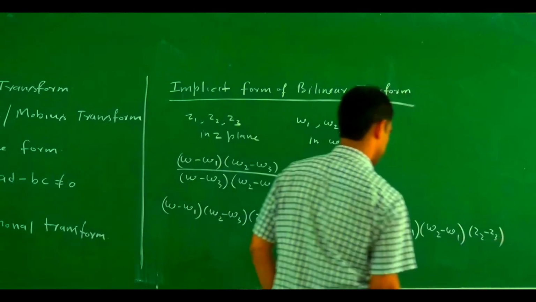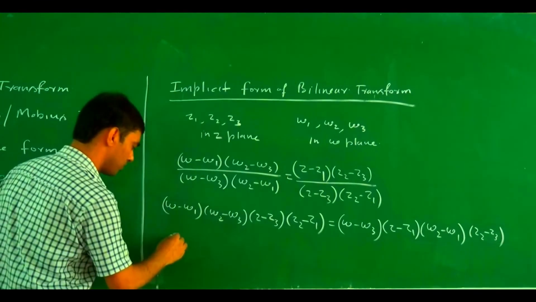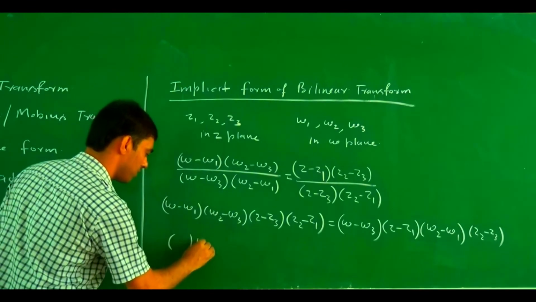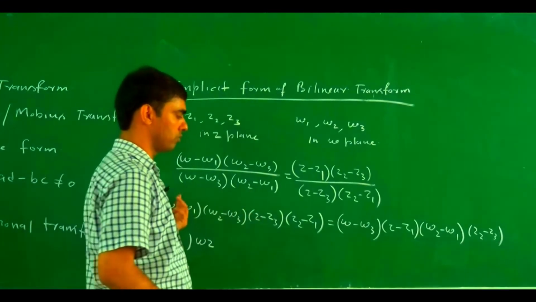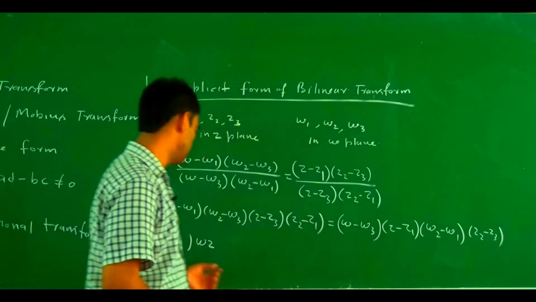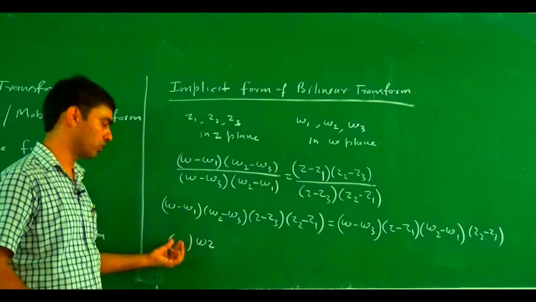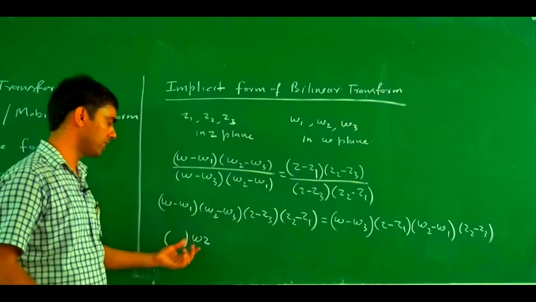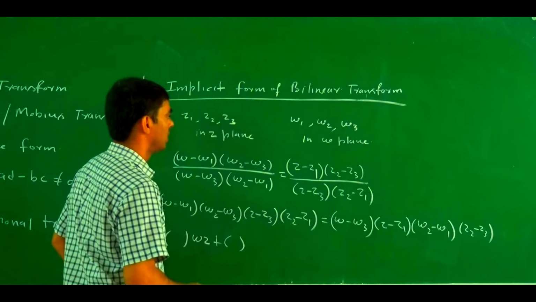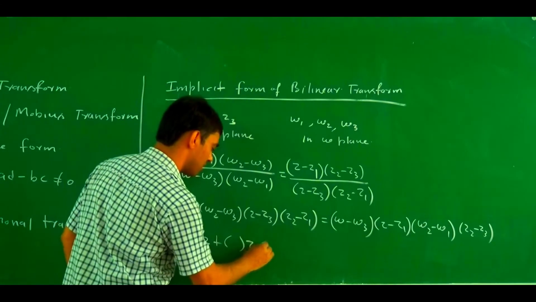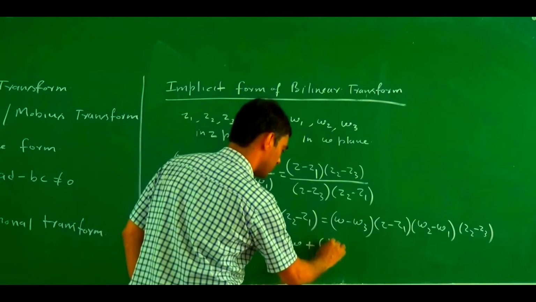If we simplify, there is a constant with WZ. We equate the coefficients of W and Z from the left and right sides, and the difference of two constants is again a constant. So there is a constant into WZ, plus a constant into Z, plus a constant into W, plus all the constants.